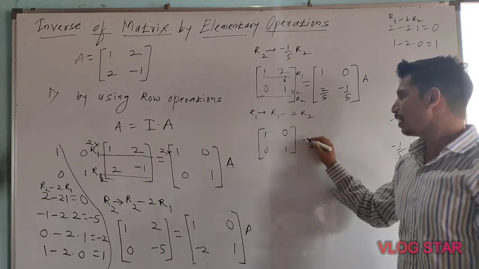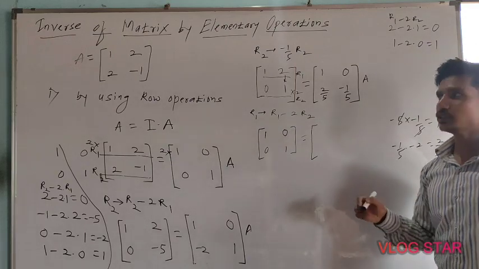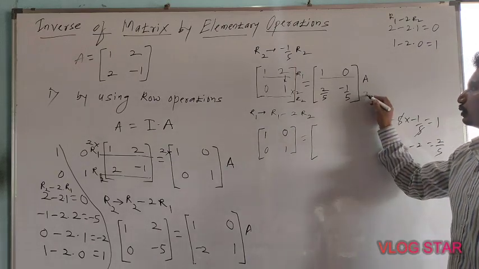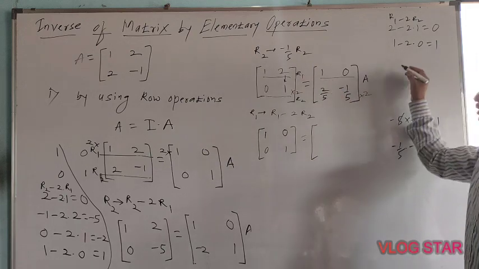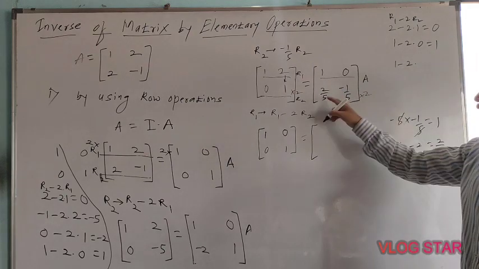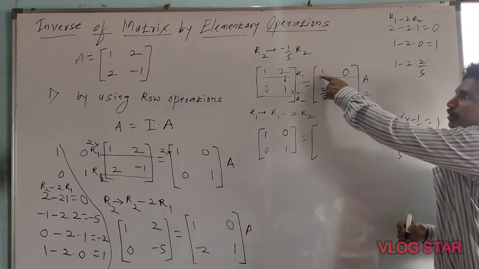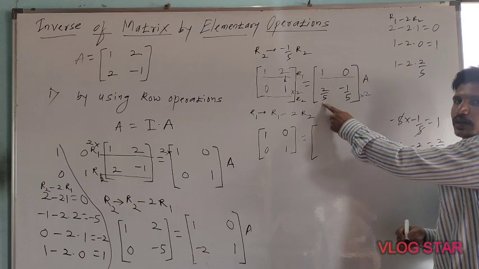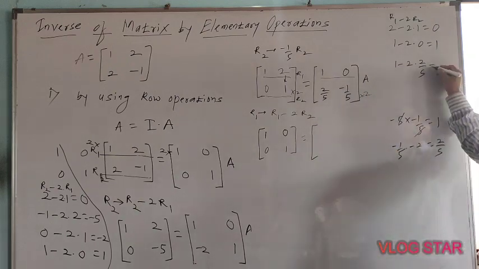Now this same operation applied here also. So this is R1, this is R2, R1 minus 2 into R2. R1 is 1, and R2 is 2 by 5. So 1 minus 2 into 2 by 5. So what now here?